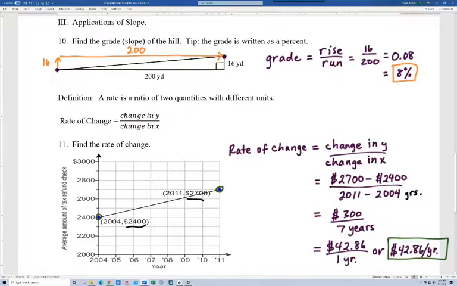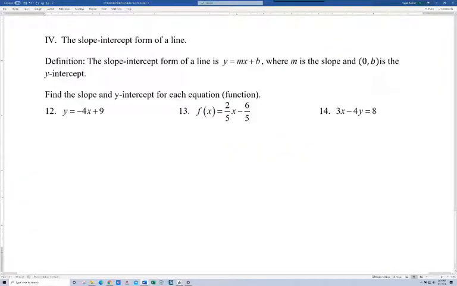So let's move on to the next problem here. We've got Roman numeral 4, the slope-intercept form of a line. So definition, the slope-intercept form of a line is y equals mx plus b, where m is the slope and b is the y-intercept.